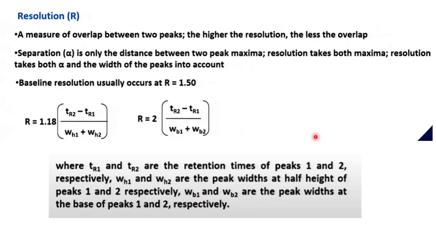Baseline resolution usually occurs at R equal to 1.5, and R equals 1.18 times (TR2 minus TR1) divided by (WH1 plus WH2), where TR1 and TR2 are the retention times of peak 1 and peak 2 respectively, and WH1 and WH2 are the peak widths at half height of peak 1 and peak 2, what in XRD we call the full width at half maximum.